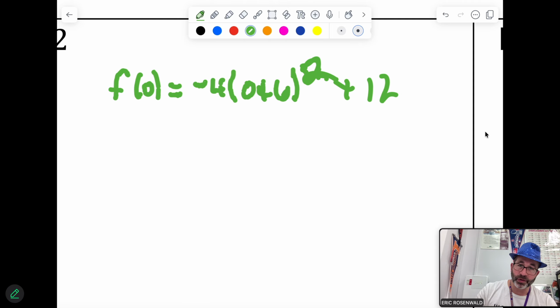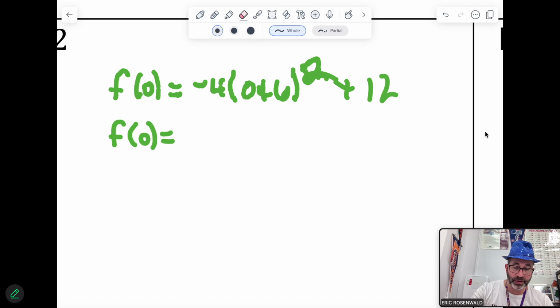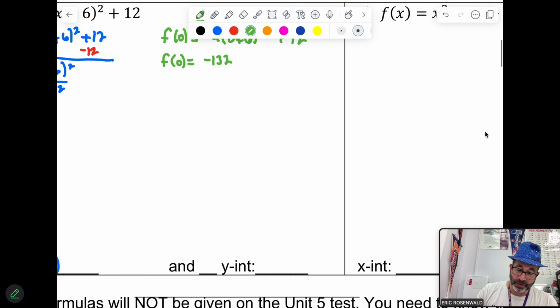And if we simplify this, you can throw negative 4 times (0 plus 6) squared plus 12 into the calculator, and you'll see that we get a negative 132. So that means that my y-intercept is at 0, negative 132.